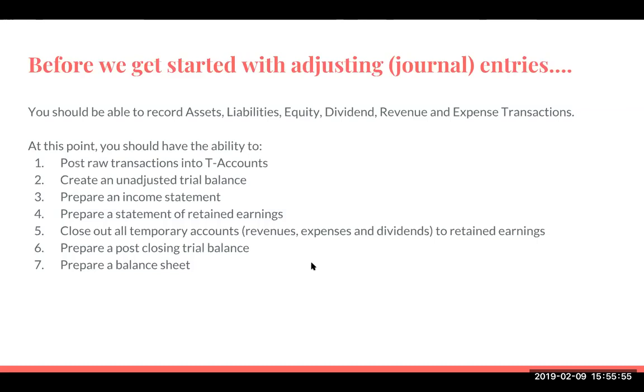That is posting transactions into T accounts, creating an unadjusted trial balance, which is when we're totaling each one of the individual T accounts and making sure our total debits equal our total credits, preparing an income statement, or revenues less expenses, preparing a statement of retained earnings, which is our beginning retained earnings plus net income minus dividends gives me ending retained earnings, closing out all of the temporary accounts, or revenues, expenses, and dividends, to retained earnings, preparing a post-closing trial balance, and then preparing a balance sheet.